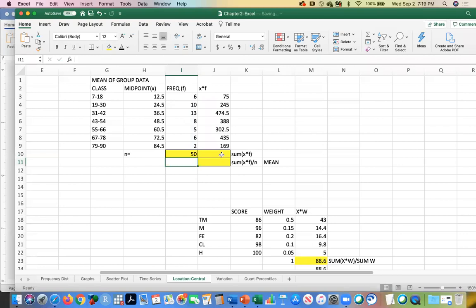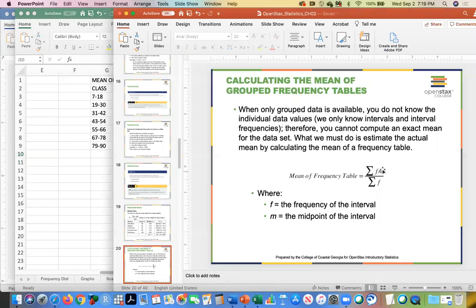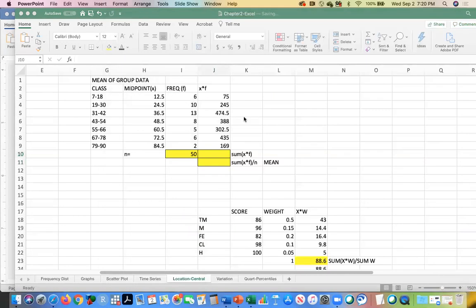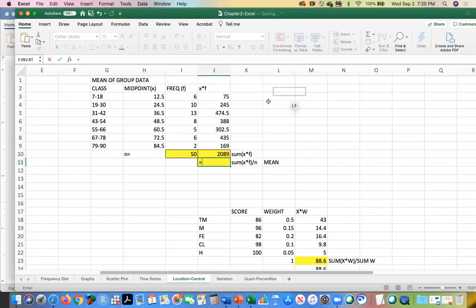I also find the summatory of these numbers. That's what my formula is telling me: multiply the frequency times the midpoints and then add all of them. Once you add all of them, divide by the sample size. So I'm going to add all of them, and then I'm going to divide my summatory by the number of observations. So that is my mean value for the group data, okay?